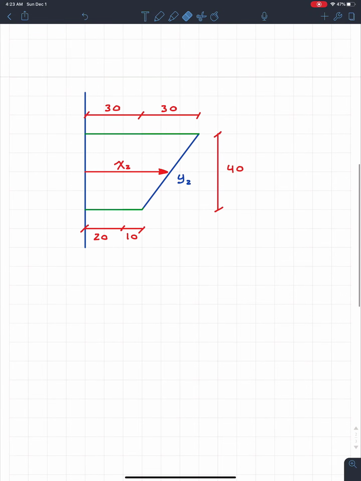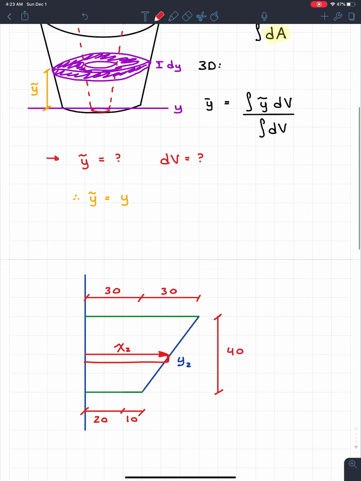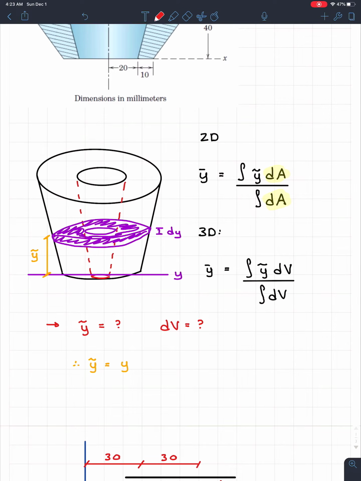If I were to take a slice in 2D, so let's pretend that this was just a slice in 2D, right here, what we can kind of see is that x2 is going to be the radius. So if I come up here and look, and I want a 3D slice, and I'm considering the whole purple region, it's basically just a cylinder slice.